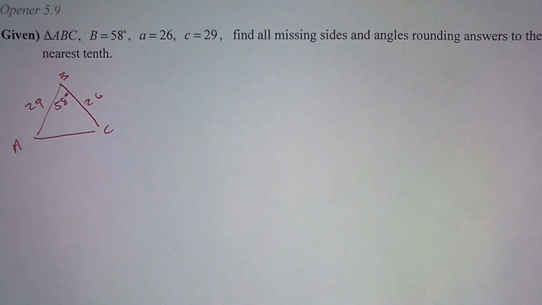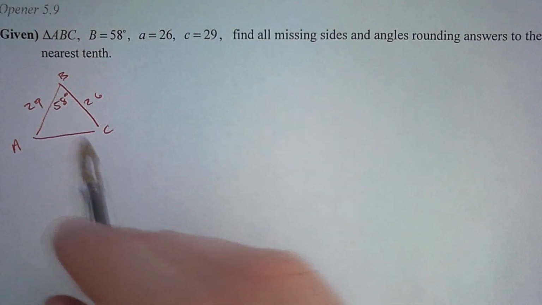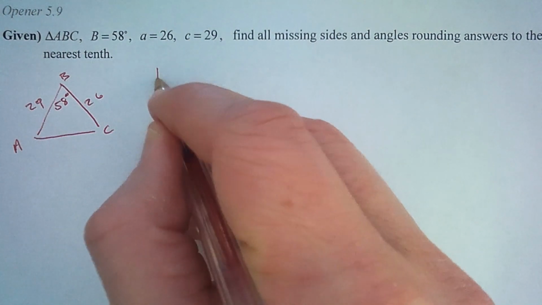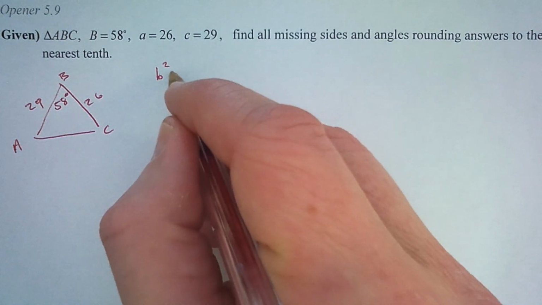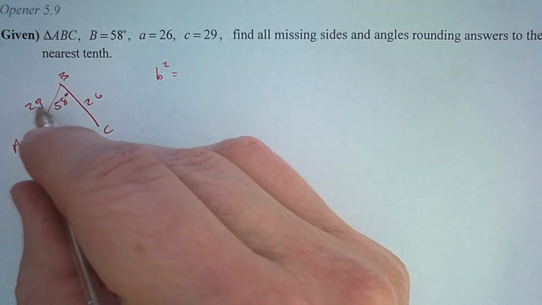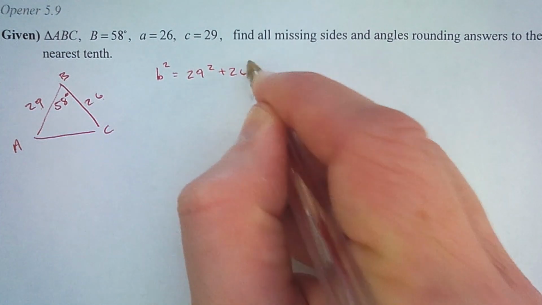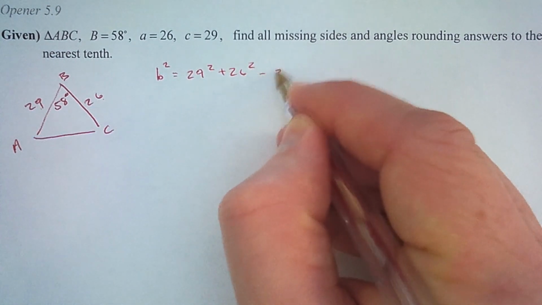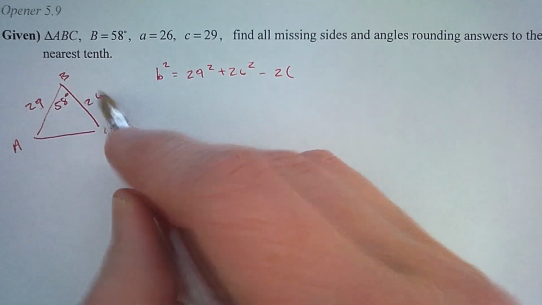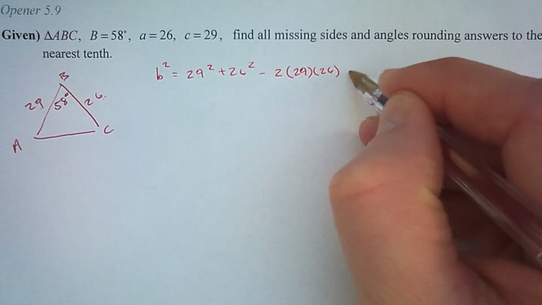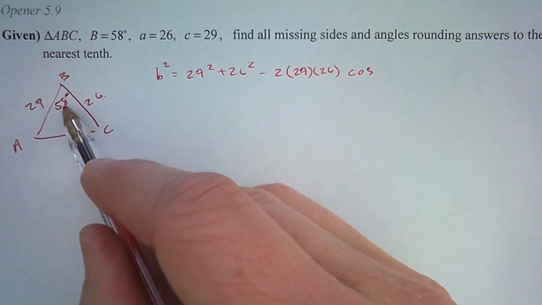Okay, so the first thing that we'll be able to find is side B. So we'll use the law of cosines with b squared equals 29 squared plus 26 squared minus 2 times 29 times 26 times cosine 58.